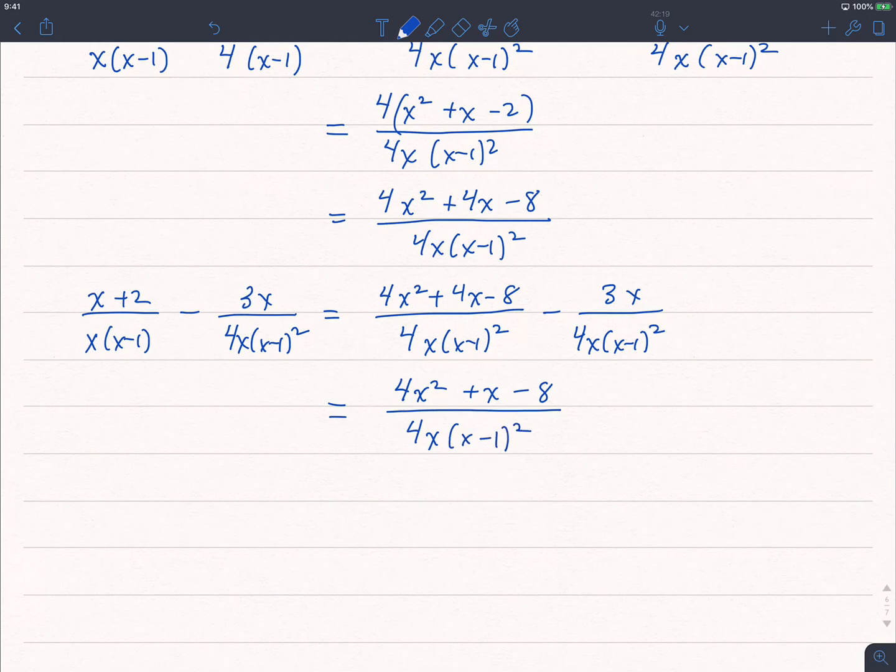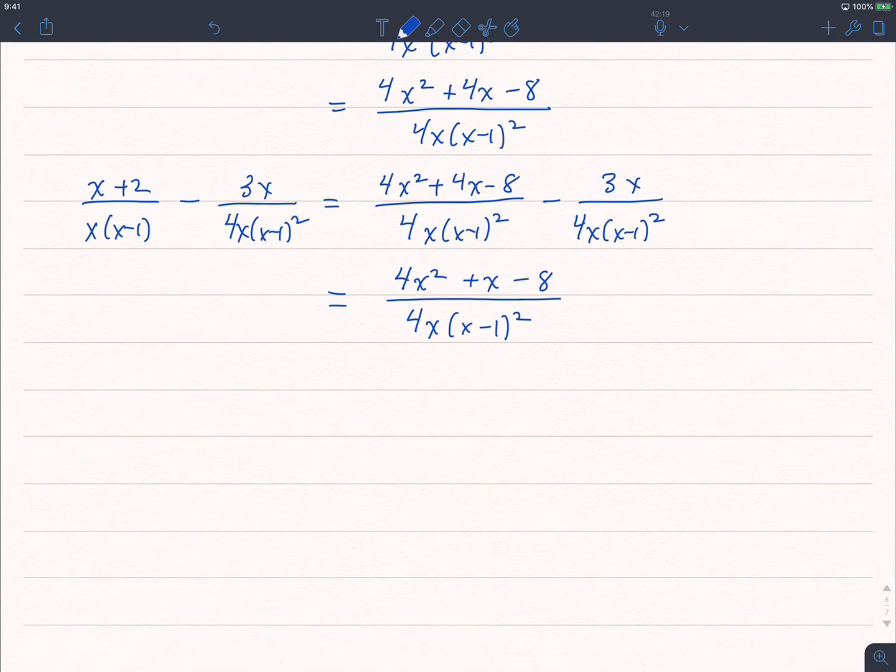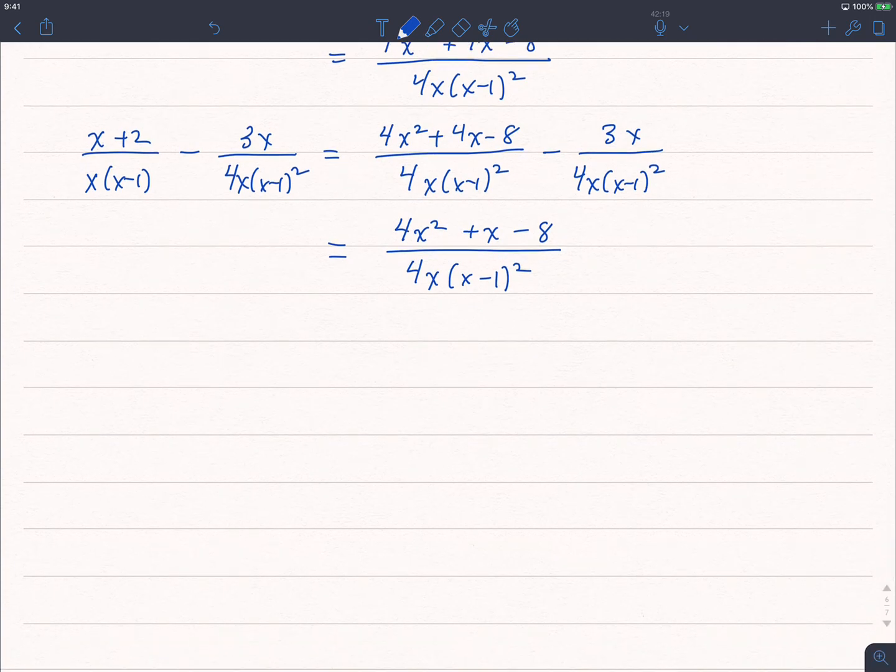Minus 1 squared. Okay, so let's see if we can factor the numerator. See if it will cancel with anything in the denominator.